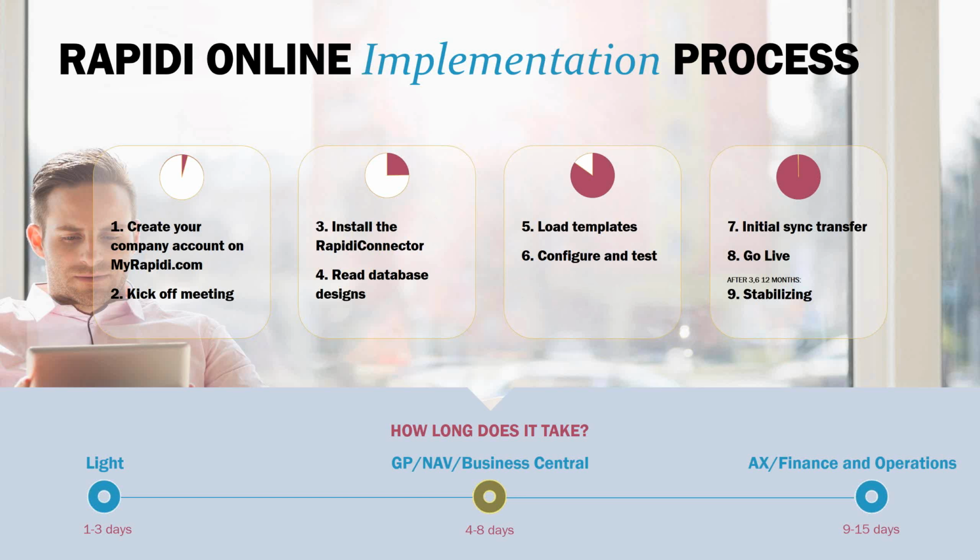It does not take any longer to spread out the implementation over several weeks. So you can configure everything in one go if you choose so, or you can spread it out and go live with the first integrations, and then you can add more later on. At the end of the day, the time it takes is exactly the same, so you can choose the pace that suits your business.